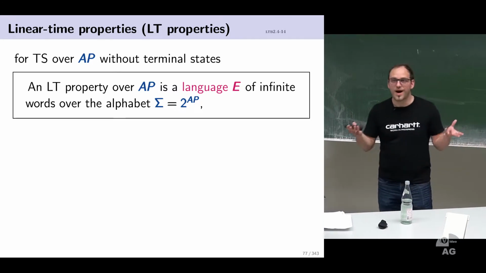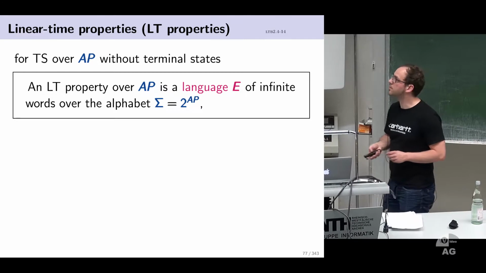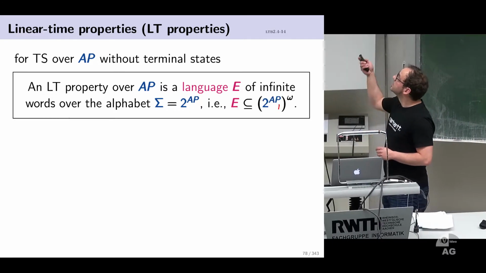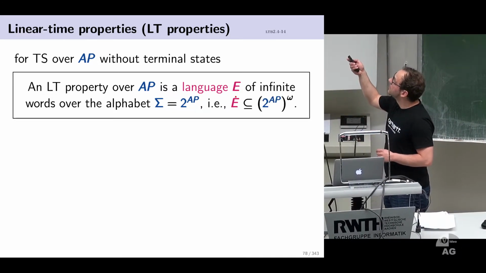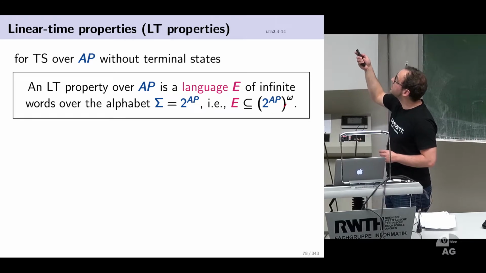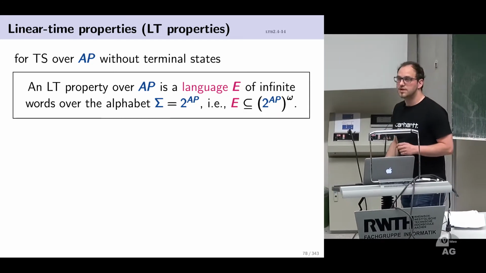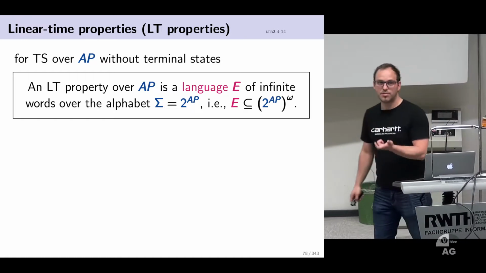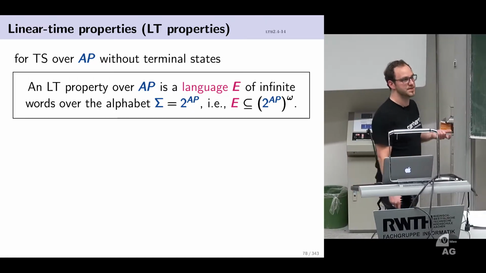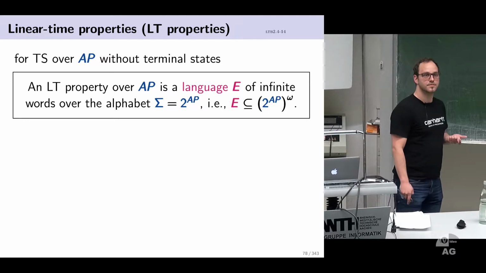We're going to see why we can think of this as being a property. So again, a linear time property is just a subset of all infinite words over labelings of states, essentially, atomic propositions. Is that clear?